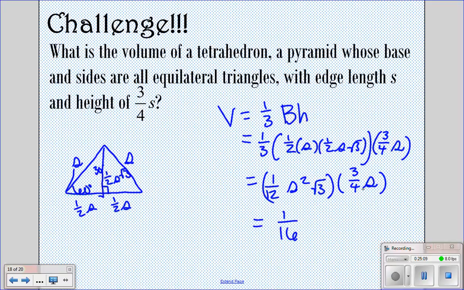And then we have S squared times S, which is S cubed. And then we have the square root of 3, which you can leave it like that if you want. I would probably write the square root of 3 over 16 S cubed. But that would be the volume for the tetrahedron that they give you.